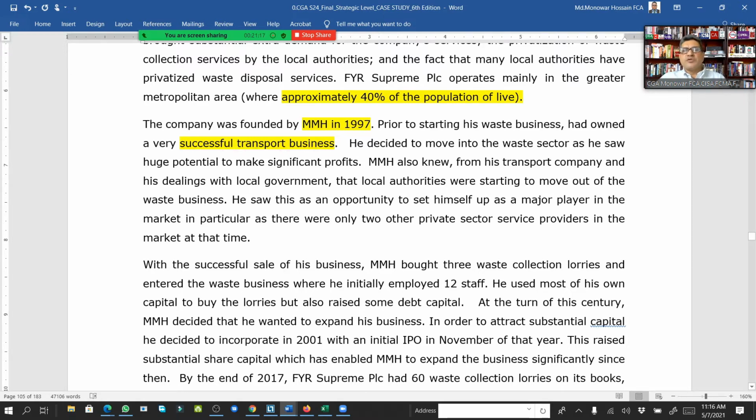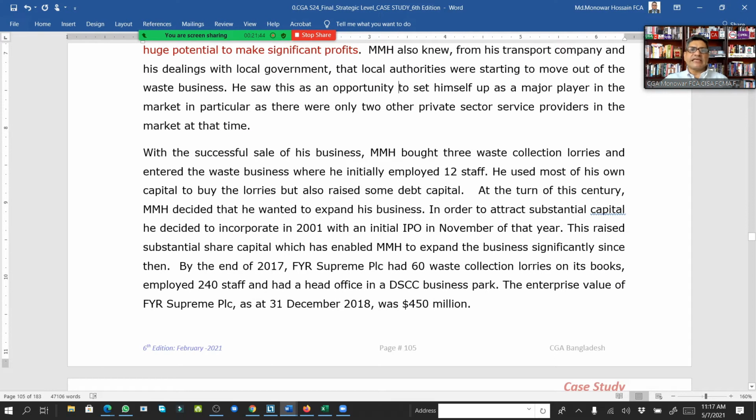He decided to move into the waste sector as he saw huge market potential and significant profit. MMS also knew, from the transport company and his dealings with local government, that local authorities were starting the move to privatize. So this is the fundamental point being made here.